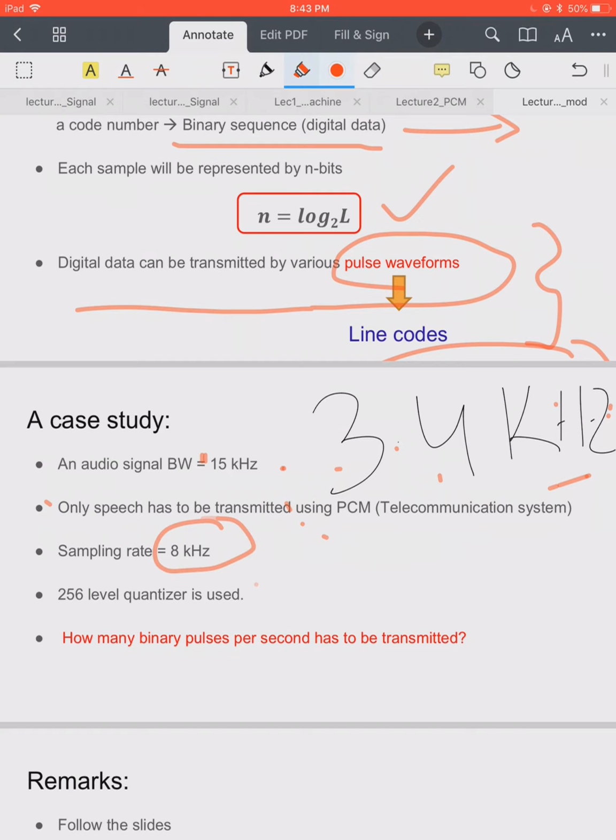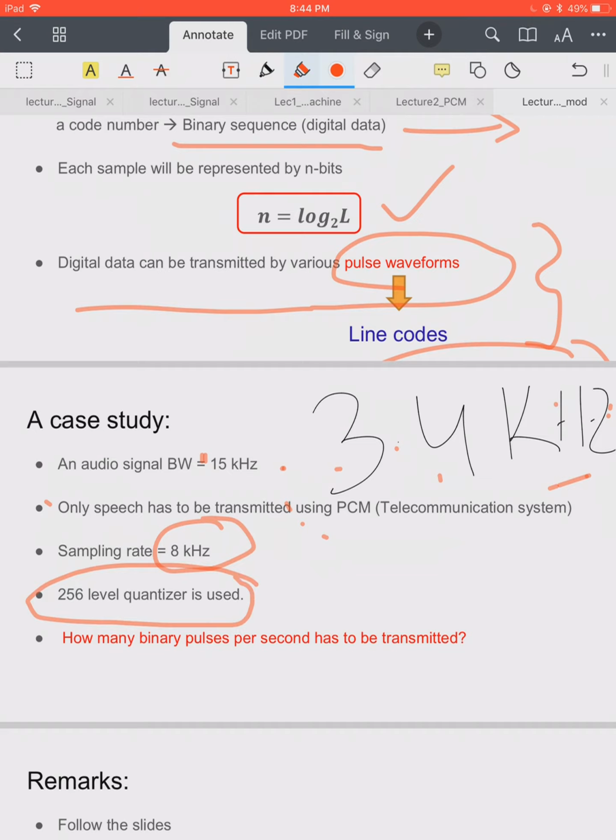The resulting signal is sampled at a rate of 8000 samples per second, which is higher than the Nyquist sampling rate.